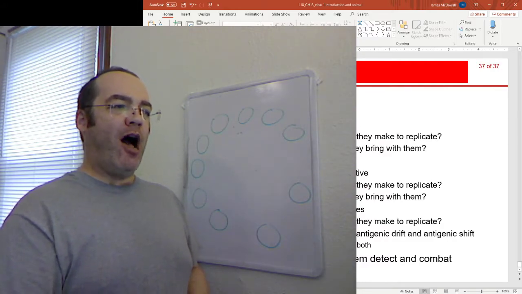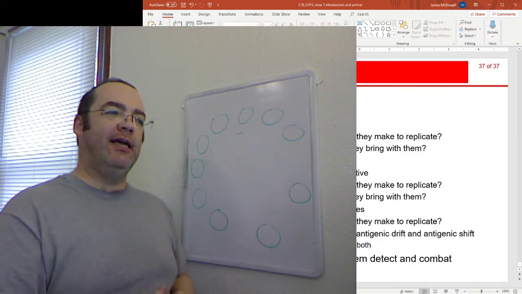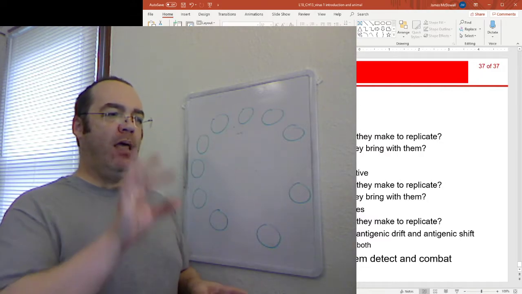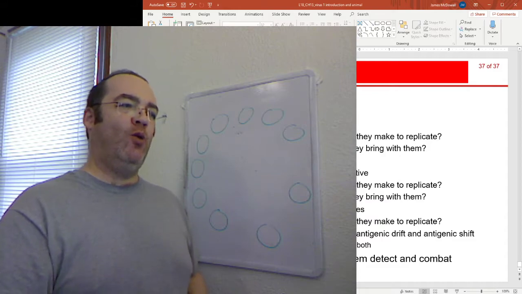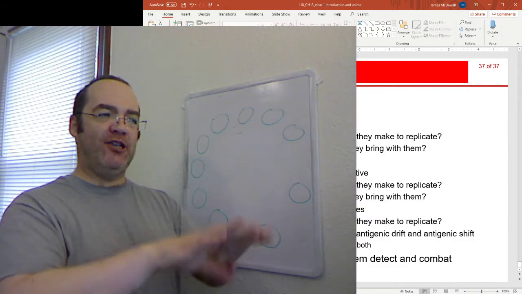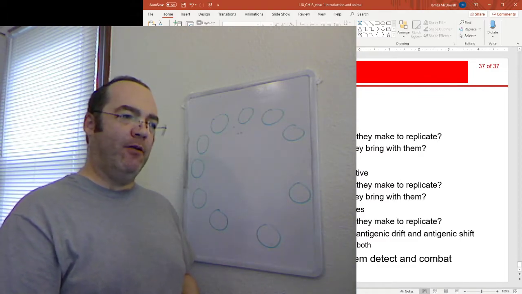Our RNA viruses require some help to make proteins, they need this molecule called replicase. Positive sense and negative sense again do things a little bit differently, whether they have to bring the replicase with them, or whether they can just go ahead and make the replicase in the cell.